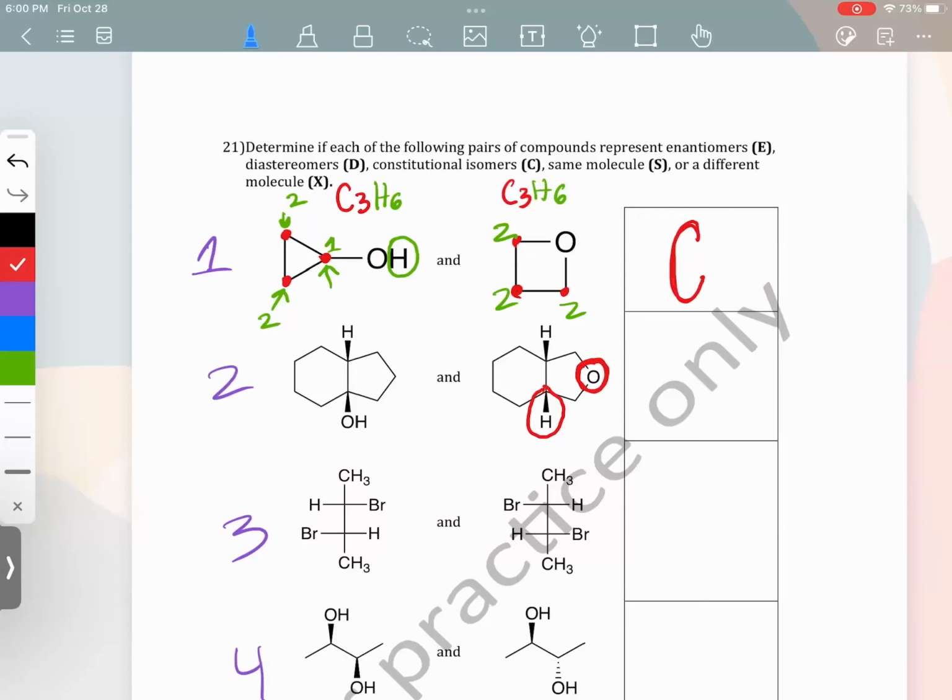No, because now the carbon number has changed, especially since we have an oxygen in the cyclic structure on the second molecule. So they can't be constitutional isomers. They're not diastereomers because it's not cis or trans. They're both cis. They're not enantiomers because there are no stereogenic centers in any of these molecules. So they're different. It's going to be X.